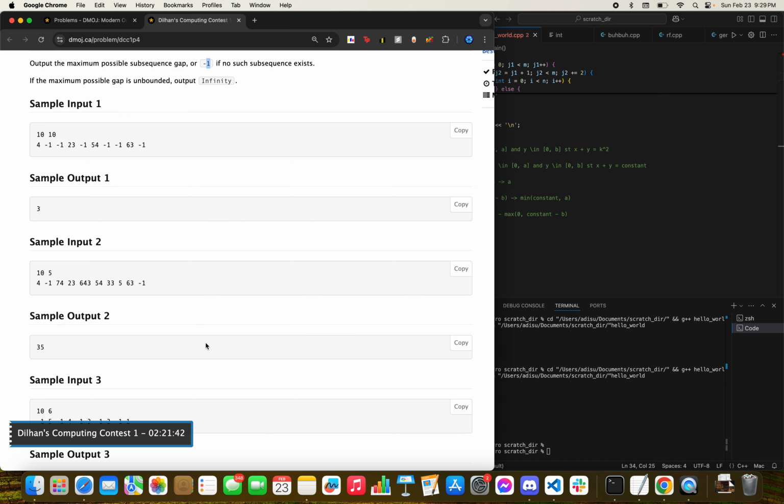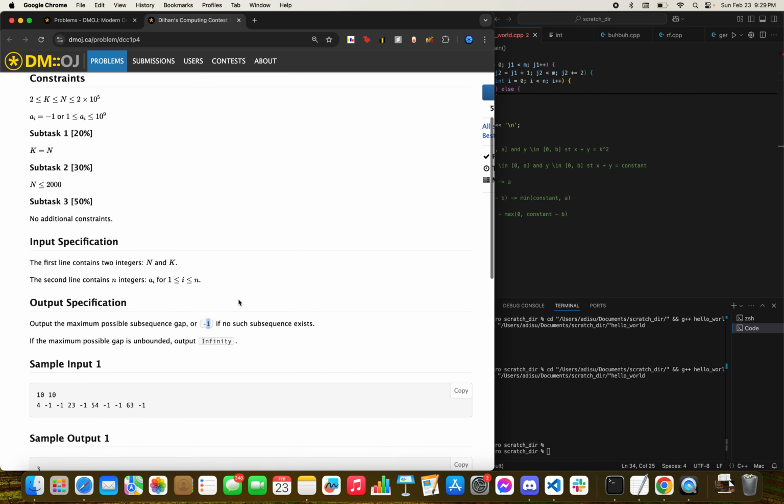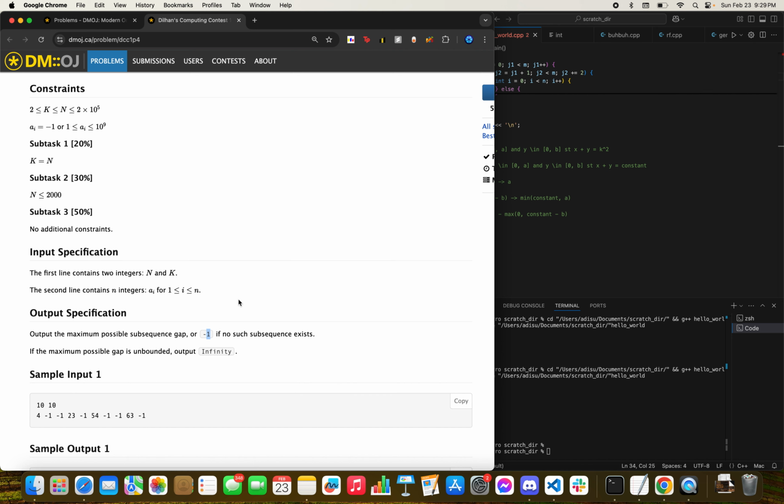Note here that you only need the length to be exactly K. Okay, here's an observation. Do we ever want the negative ones to not be consecutive? No, I can see a case where it would benefit you to do that.